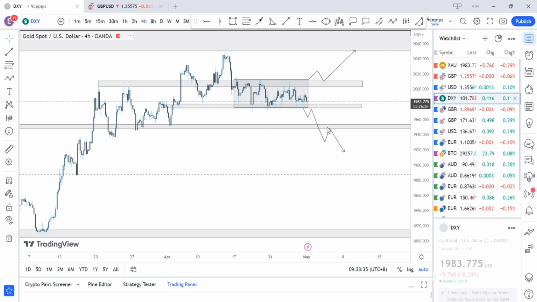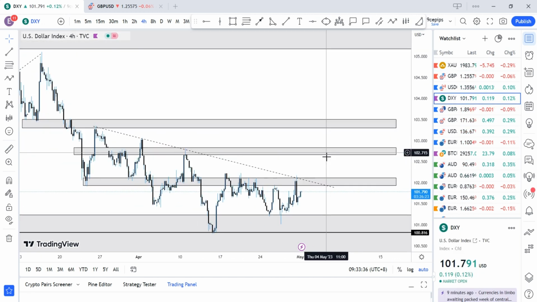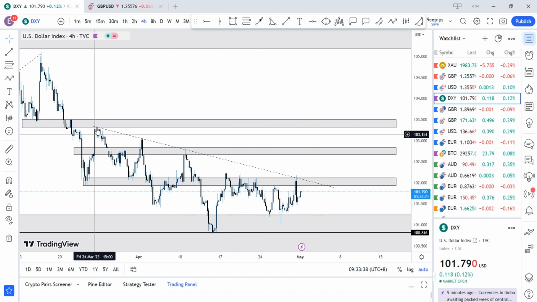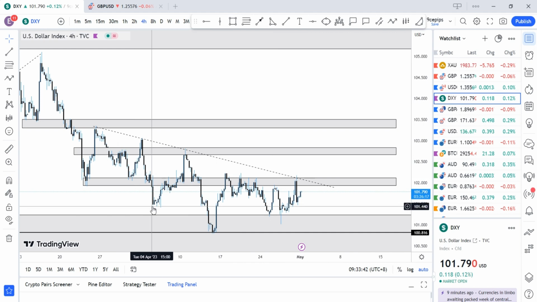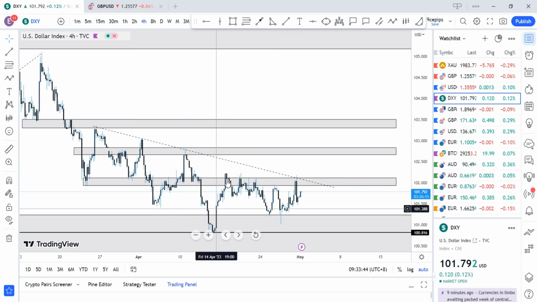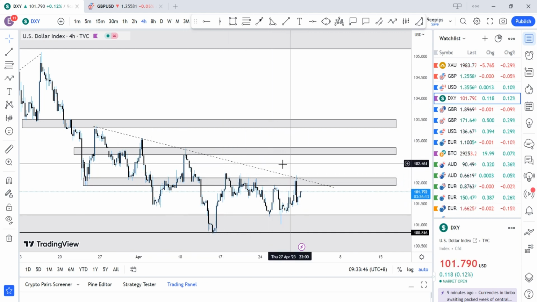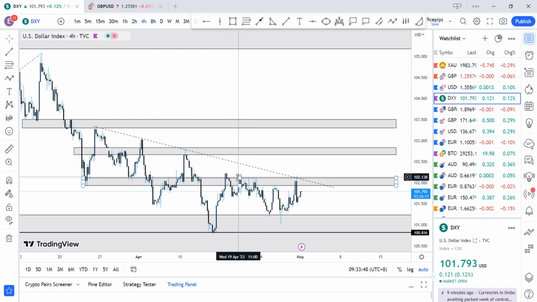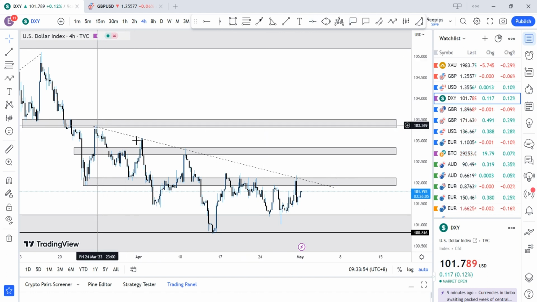The reason is because let's quickly look at DXY. Over here on the DXY, we've seen a major beautiful downtrend: lower low, lower high, lower low, lower high, lower low. We've seen price not make a new break above this lower high here, so we're still retesting these regions, possibly again for a new confluence: 1, 2, 3, and the fourth one here.